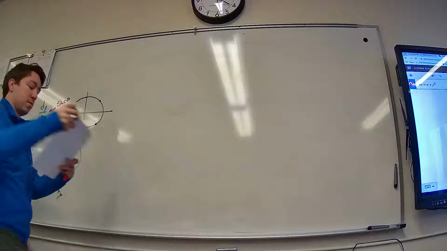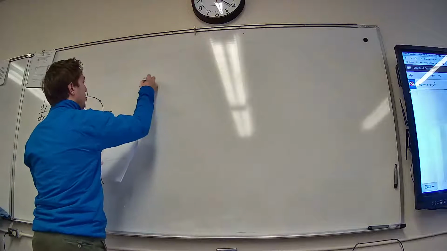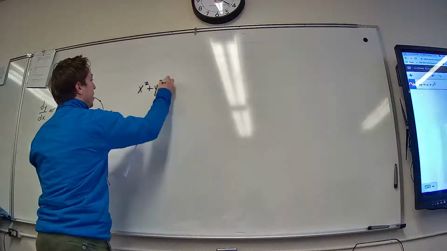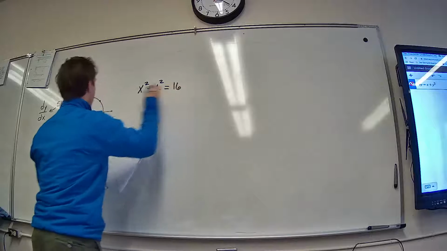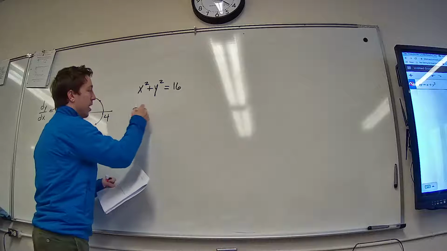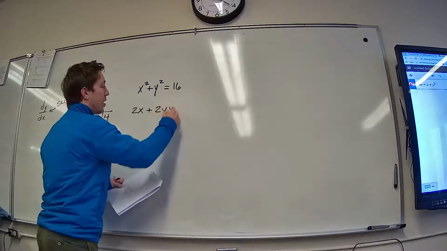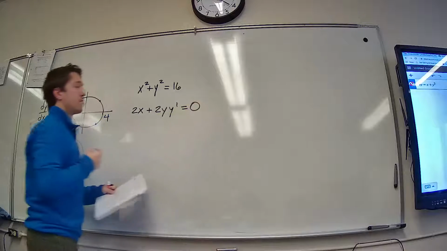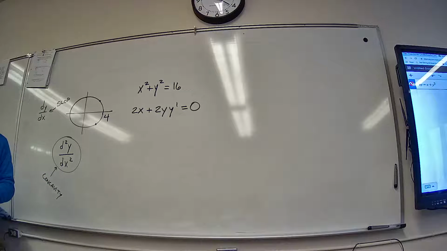The first part's going to be nice and easy peasy. This is 4, by the way. Radius is 4. Derivative: 2x plus 2y, y prime equals 0.